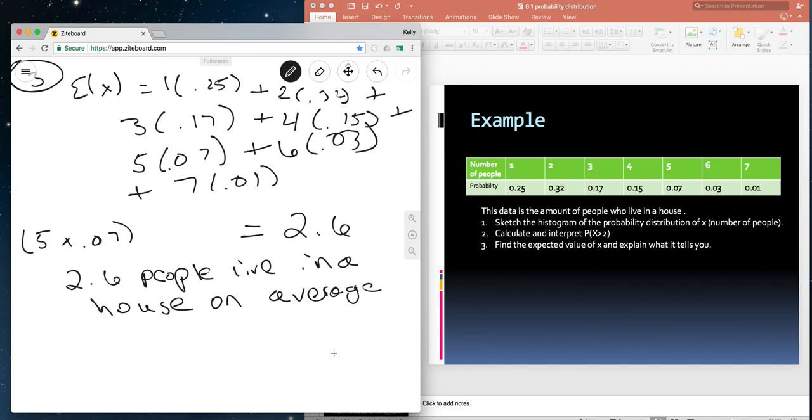But it basically means that it kind of teeters. The balancing point is somewhere between 2 to 3 people, which makes sense. We have a lot of people in the 1 and 2 category, but then we have lots of other households that get added together. So if you could imagine a teeter-totter, where would it balance? It would balance right around halfway between 2 and 3.